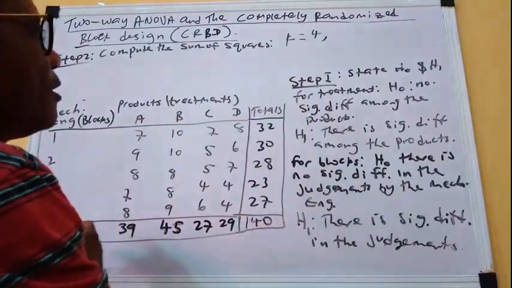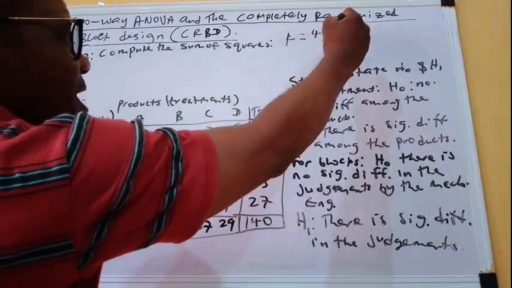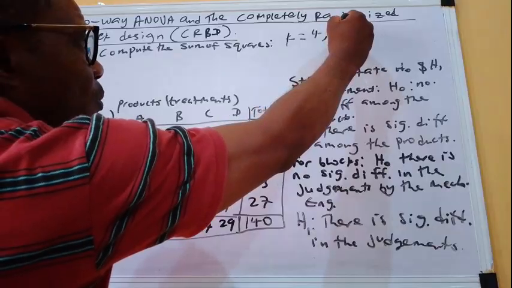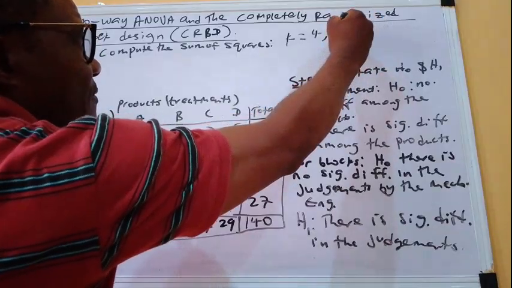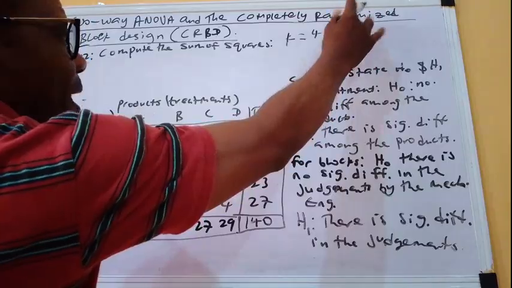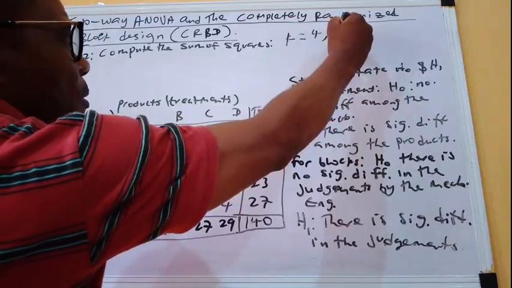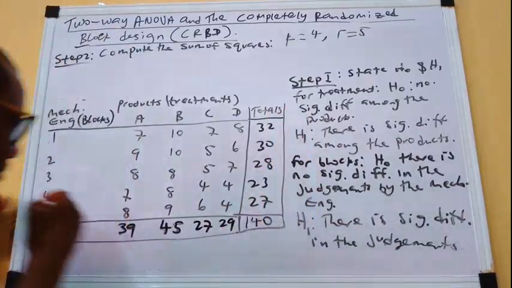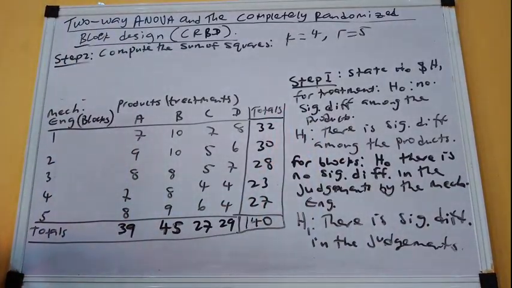Then the number of blocks is the number of engineers that made the judgment, which is R. R is equal to 5.